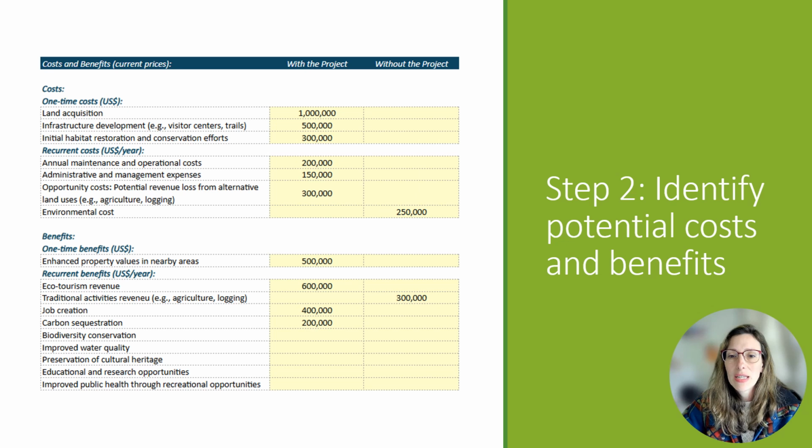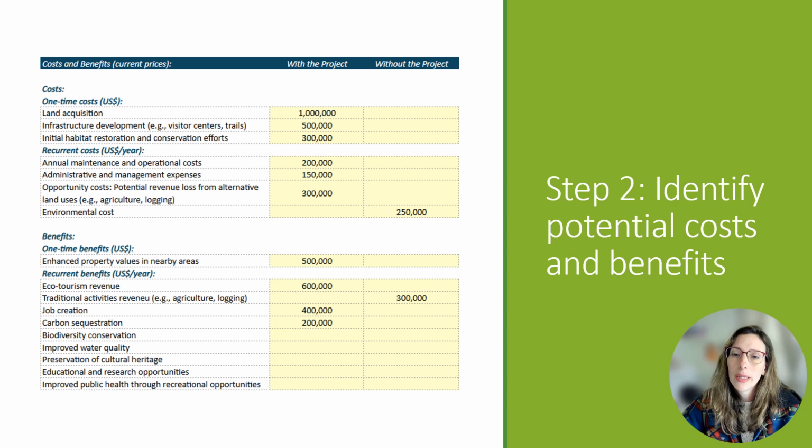For the benefits, I used the same strategy and divided them into one-time and recurrent benefits. In the case of this example, the one-time benefit refers to the increase in house prices due to proximity to a protected area, which is usually positively valued in the market.